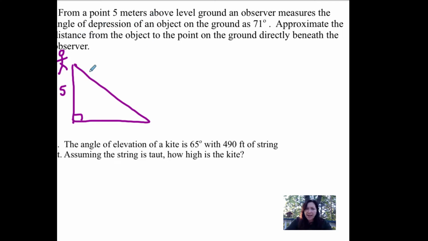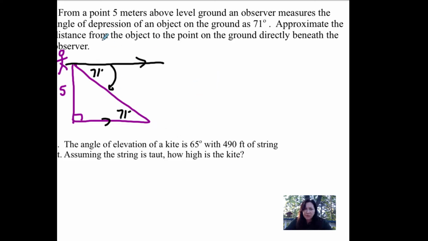Now what you do need to remember is that the angle of depression is always based on the horizontal. And therefore, this is not the angle of depression. The angle of depression is this arc right here. And that is 71 degrees, which then makes this 71 degrees because those are alternate interior angles.